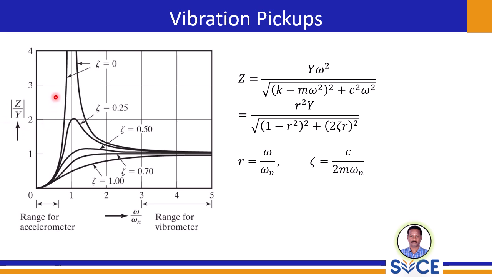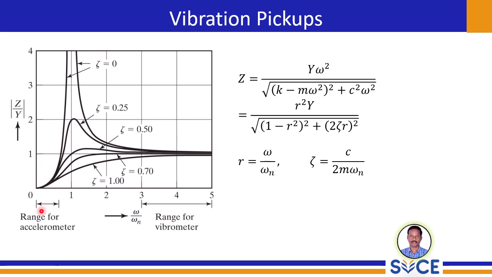So you can see it here. The graph on the left illustrates this relationship. It plots the magnitude of z by y as a function of frequency ratio omega by omega n for various values of the damping ratio. Observe how the response varies with frequency. At low frequency, small r, the value of z by y is also very small.